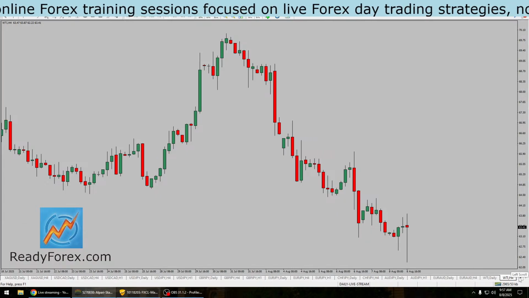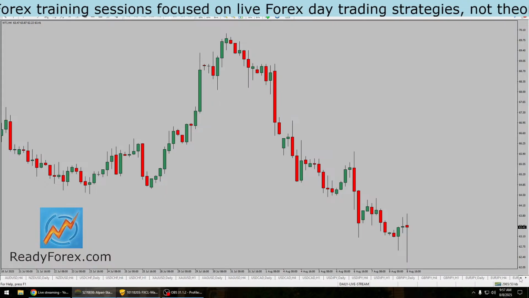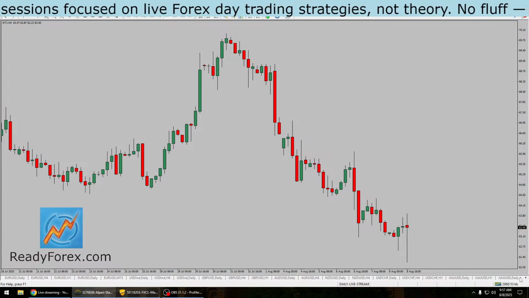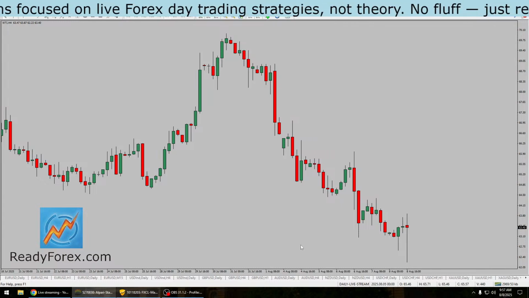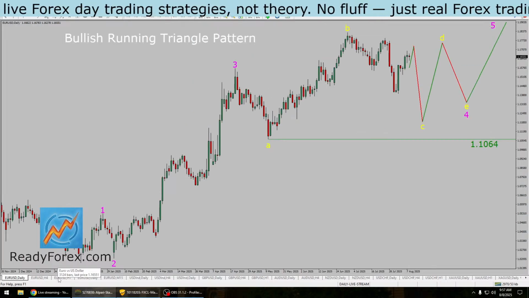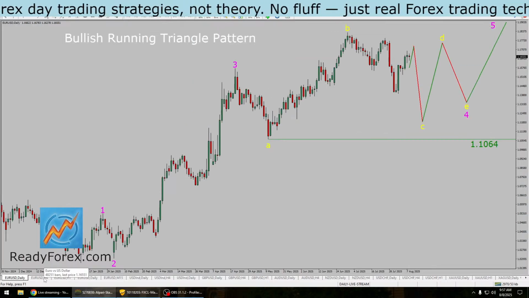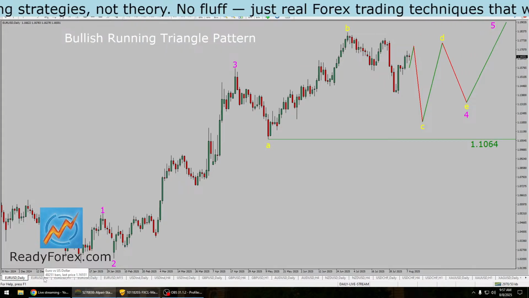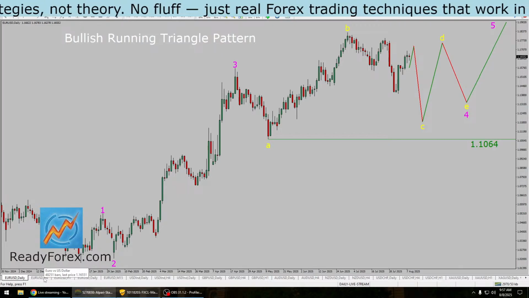Okay, let's go back to the Euro dollar chart and see what's going on. Euro versus United States dollar currency pair, and I'm going to look at a 4-hour time frame first.